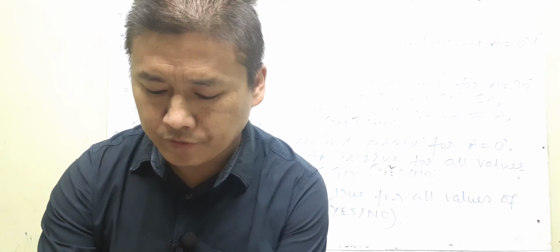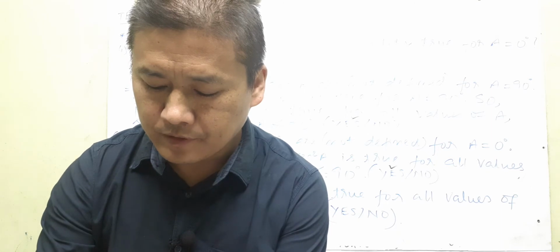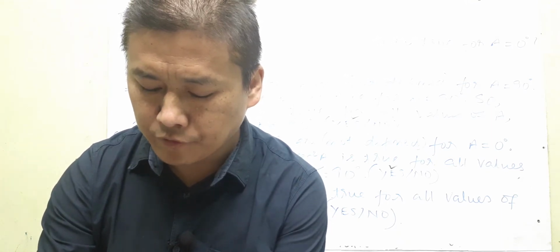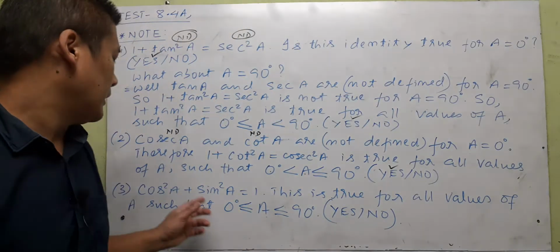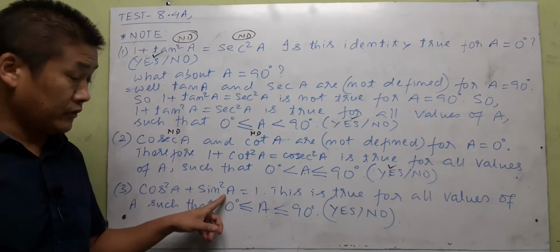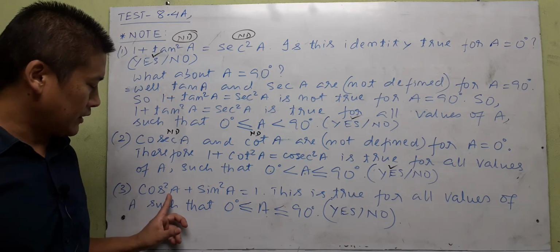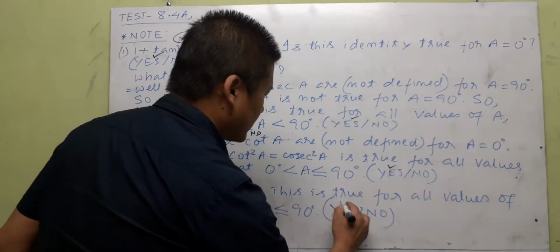Sin 0 is 0, sin 30 is half, sin 45 is 1 by root 2, sin 60 is root 3 by 2, sin 90 is 1. Likewise, in the line of cos also, cos 0 degree, 30 degree, none of them are undefined. So here, it can be 0 also, it can be exactly 90 also. So this is the condition when we're using the sin squared a plus cos squared a equal to 1 identity. So this is yes. So these are three important things.